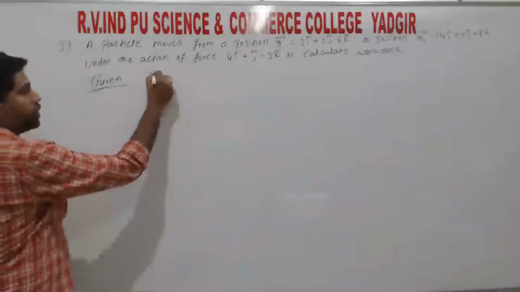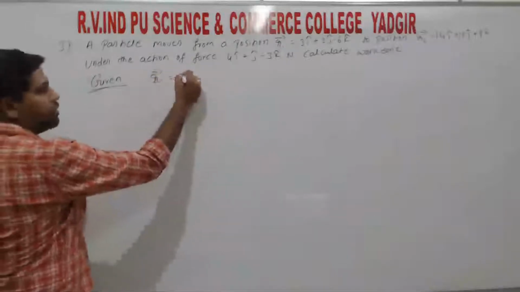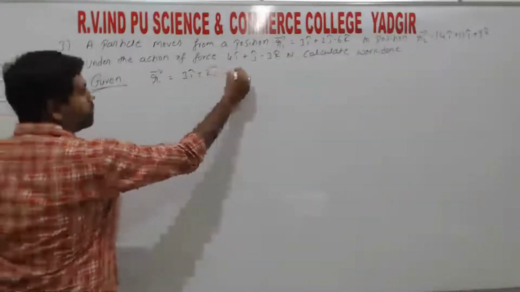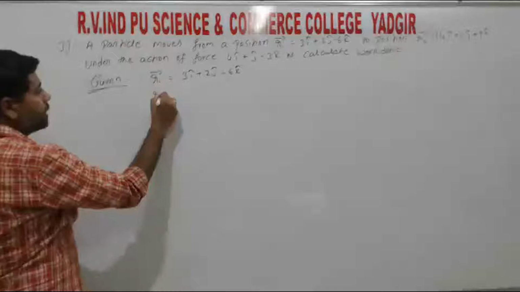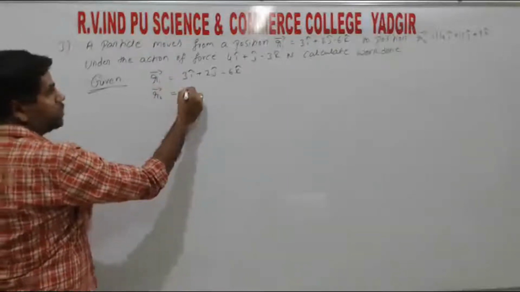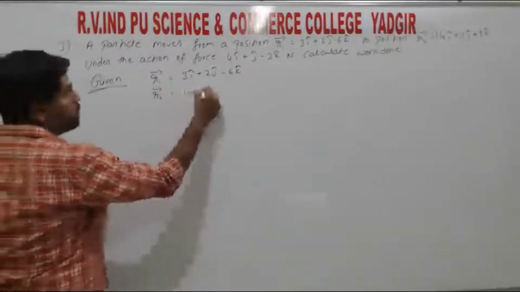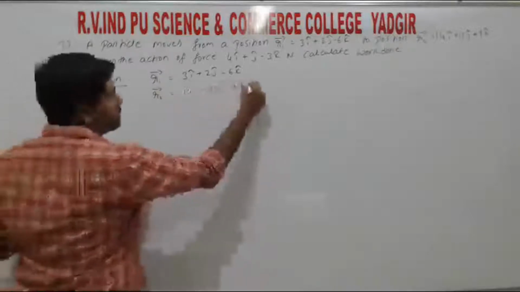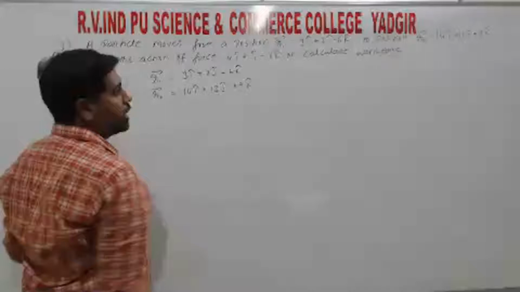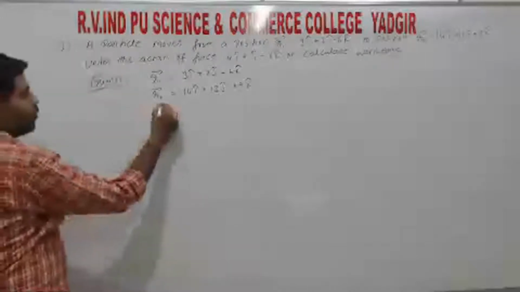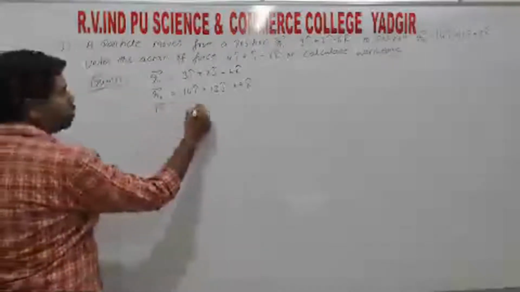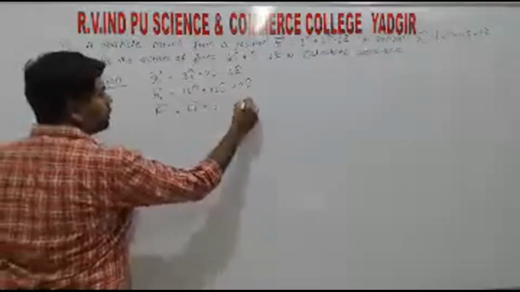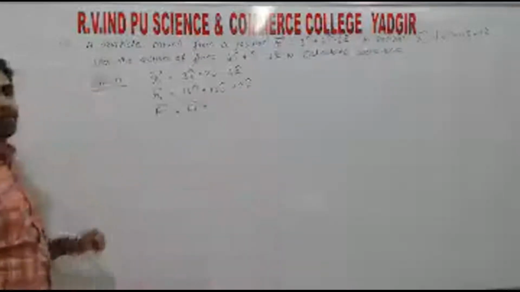So given position vector r1 is equal to 3i cap plus 2j cap minus 6k, and vector r2 is equal to 14i cap plus 13j cap plus 9k, and also they have given the force vector F is equal to 4i plus j cap minus 3k cap, right?